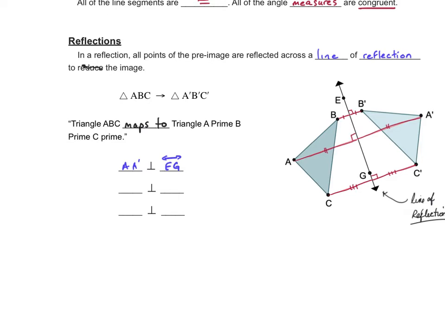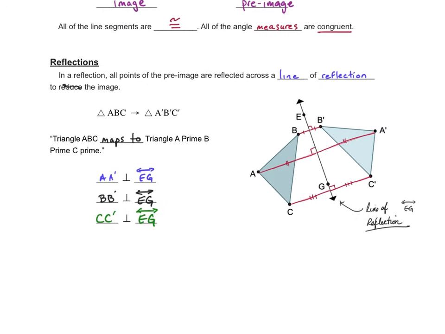And then we know that A to A prime, this segment right here, is going to be perpendicular to line EG. Also, B to B prime, segment BB prime, is going to be perpendicular to that same line of reflection. And then finally, C to C prime is going to be perpendicular to our line of reflection.